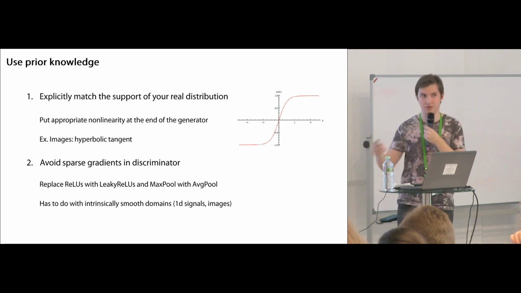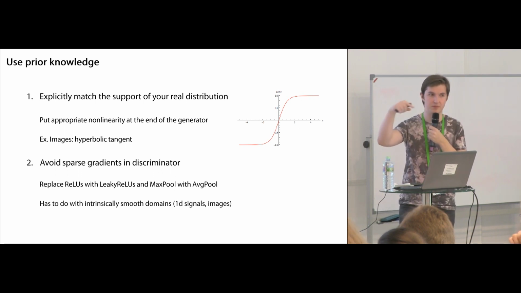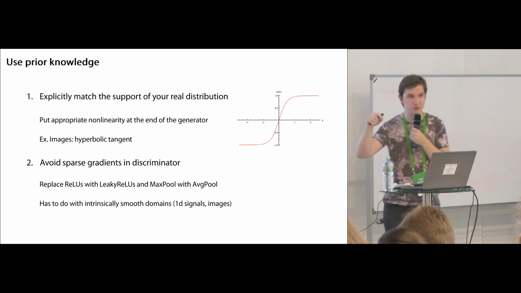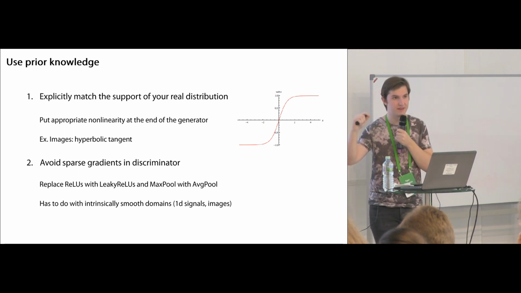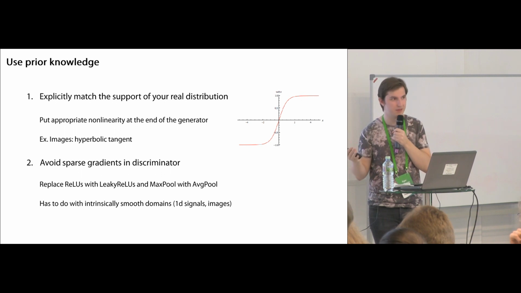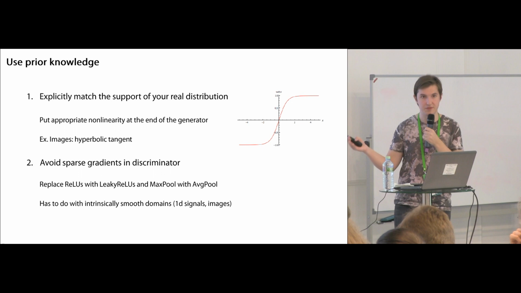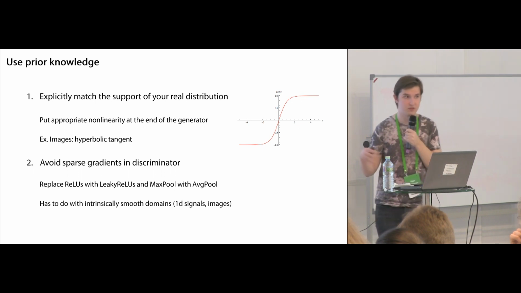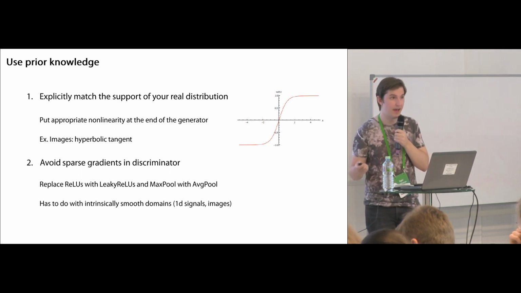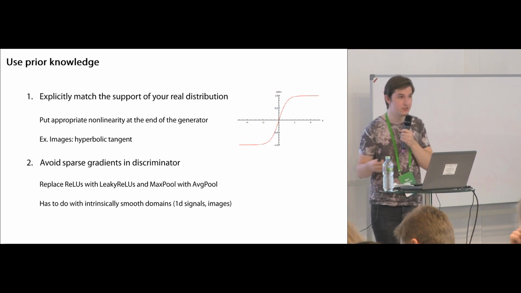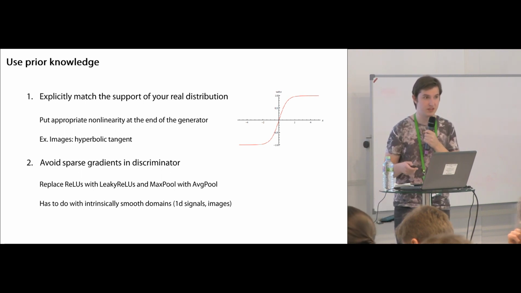Same with max pooling, when you put zeros in, for example, if it's of size 2, you put zeros in 3. I guess everyone knows what max pooling is. It is suggested to replace those modules with dense analogs that do not zero out the gradients. And this helps with intrinsically smooth domains, for example, signals and images.